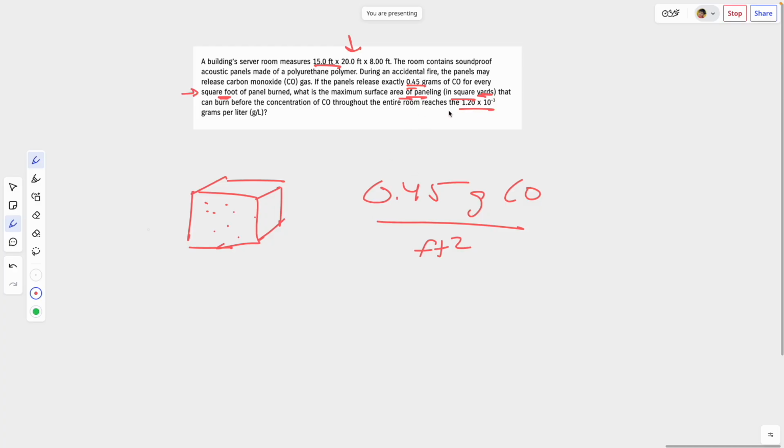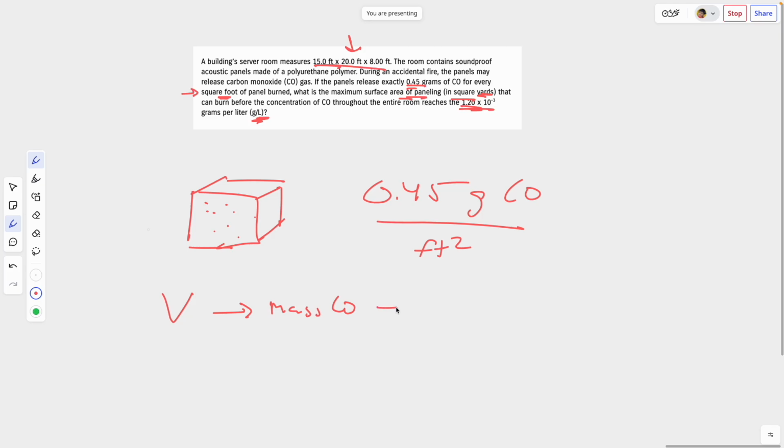And then we're also given one more conversion factor, which is this one over here, 1.20 times 10 to the power negative 3. And notice how this has a unit of liters in the denominator. So that could be helpful because we're given feet cubed up here, right? That's the volume. So if we start, for example, to map this out, if we started with the volume of the room, we would use this conversion factor, and that would give us the mass of CO that can be released to produce this specific ratio that they want.